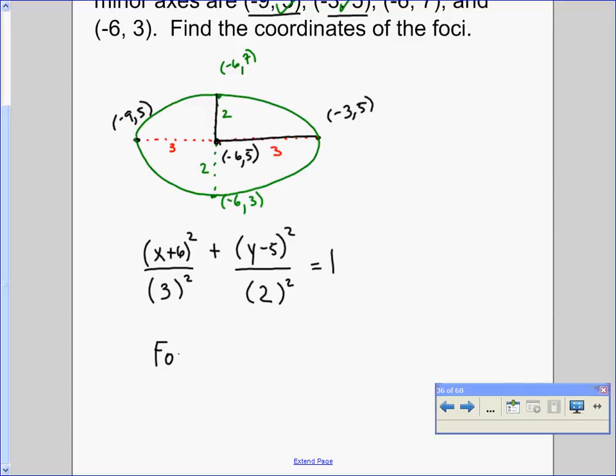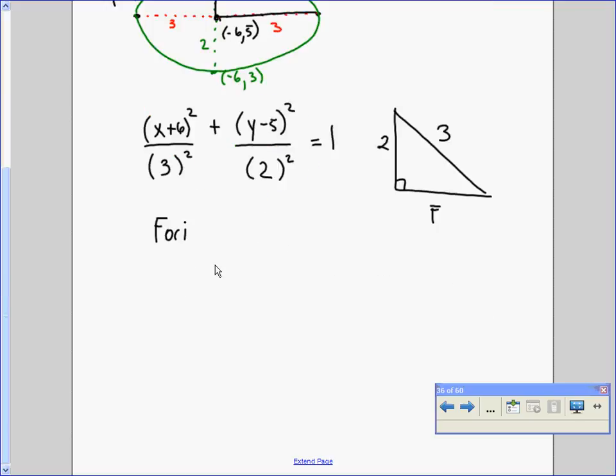The other thing it asks for is our foci. So what we need to do is sketch our triangle. On our triangle, this would be 3, the hypotenuse, this is going to be our foci, and this is 2. Remember where the foci is located: the hypotenuse is always going to be the distance between your center and endpoint on your major axis when you have an ellipse.